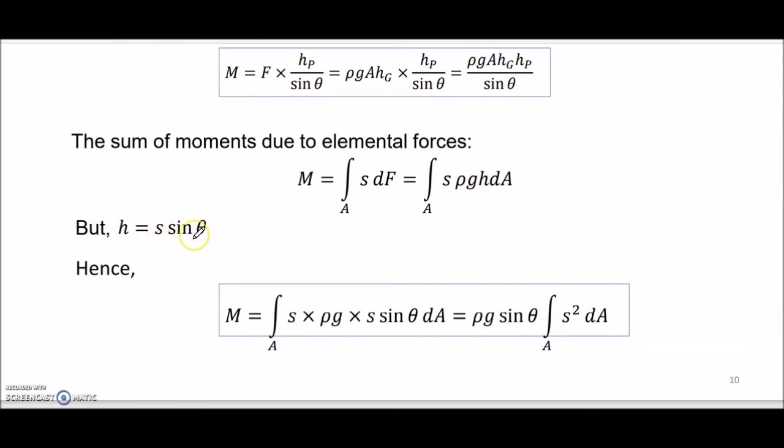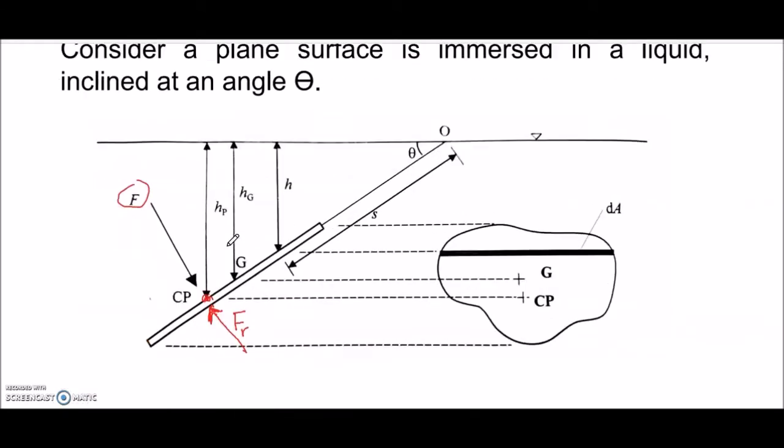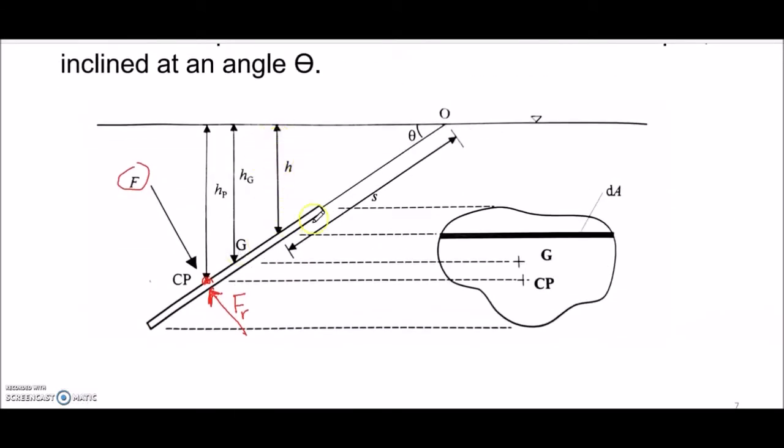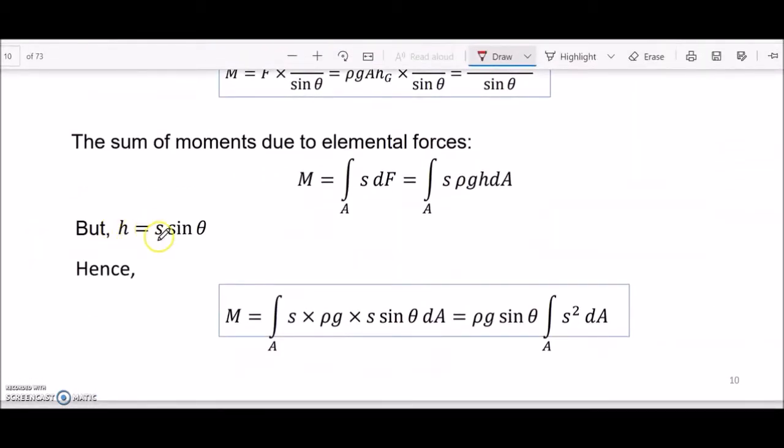So from the figure above, we know that this angle is theta, so sine theta is H over S, right? Therefore it becomes H equal to S sine theta.